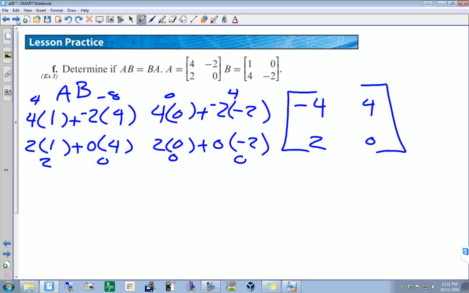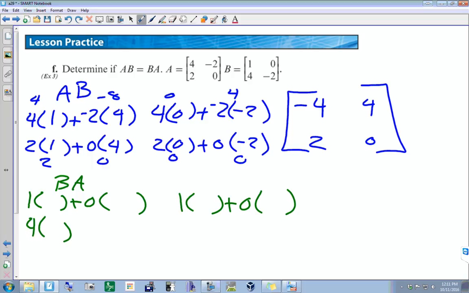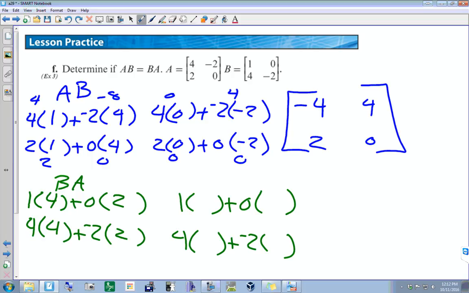Now I need to do BA. So BA, so I got to take the stuff from B. Set it up like that, it makes life so much easier for fill in the blanks.